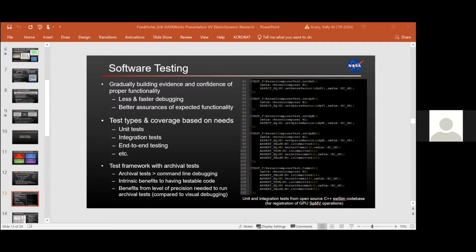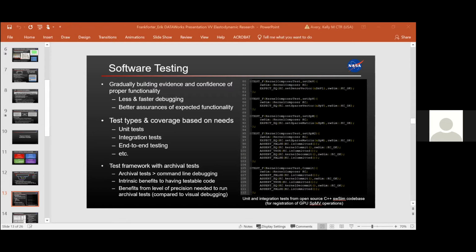Upon using these tests, various types of testing, you have the intrinsic benefits to testable code, but also the ability to port from system to system, and it helps when you start to modify or extend these codes to make sure that your expected behaviors are still being encapsulated.